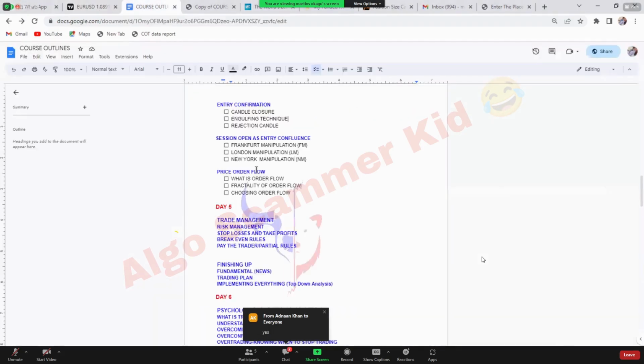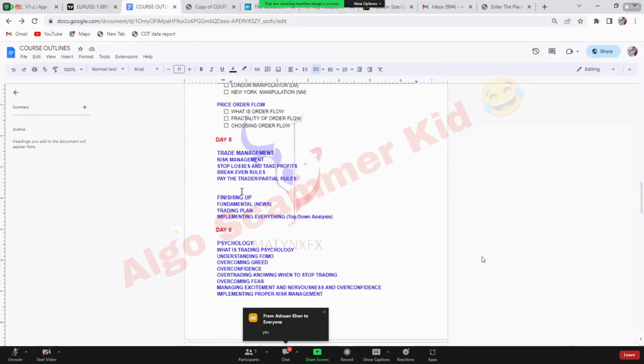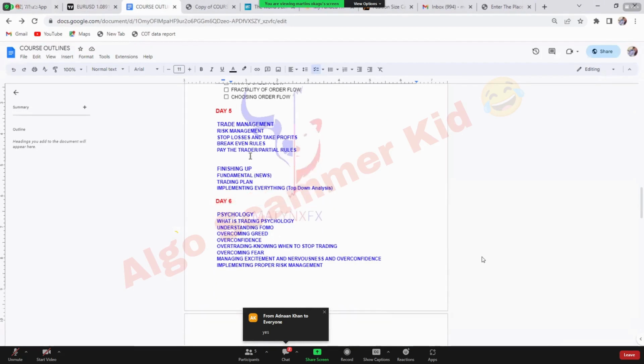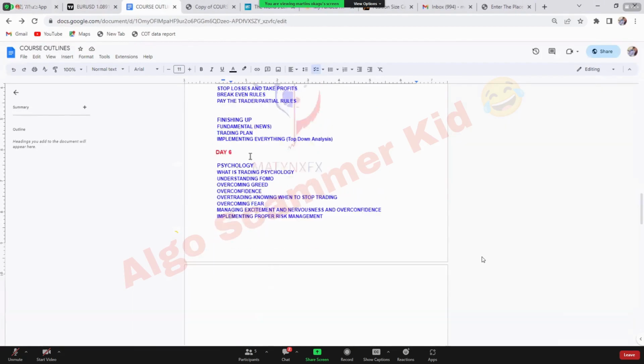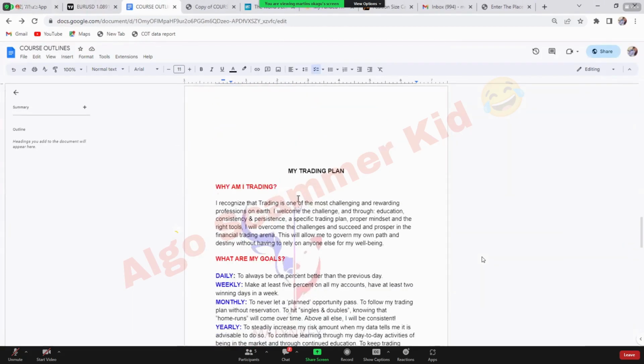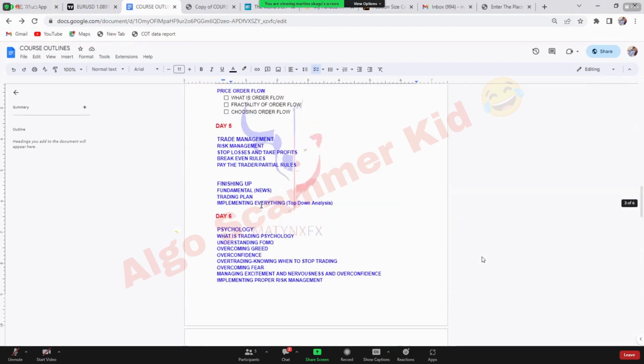The next thing we have is trade management. We are almost done. You see, no big deal. The next one here, this is my trade plan. I'll share it with you when I add it to the group. Here is trade management, risk management, stop losses and profits, break-even rules, pay-the-trader rules.